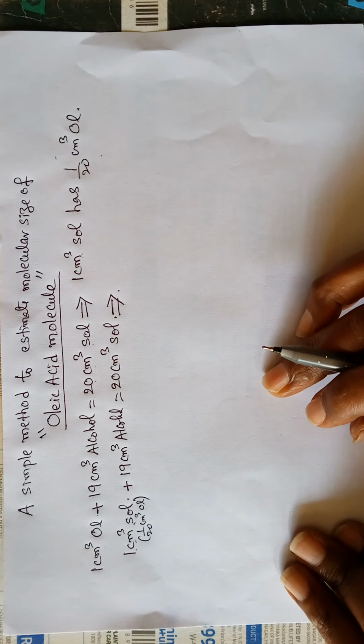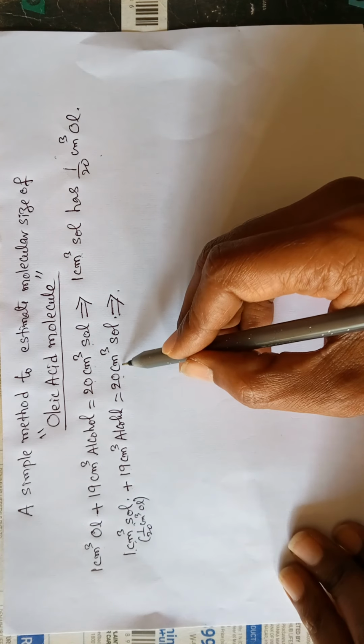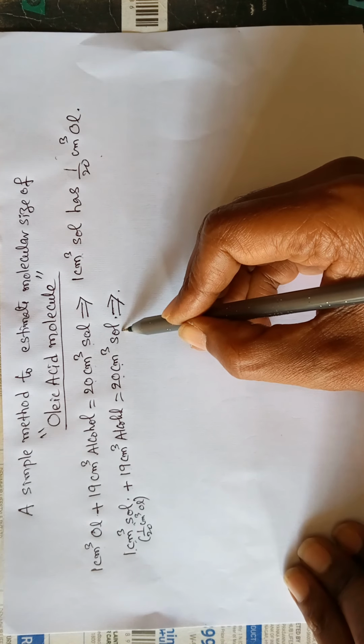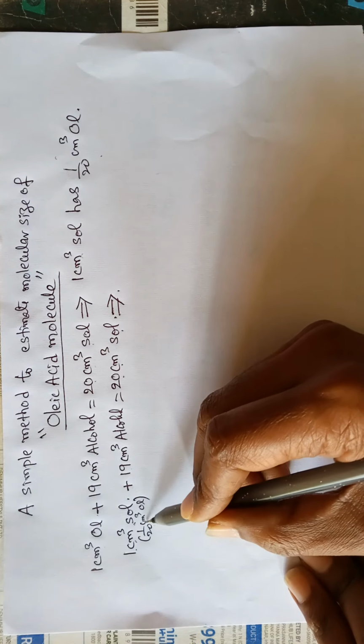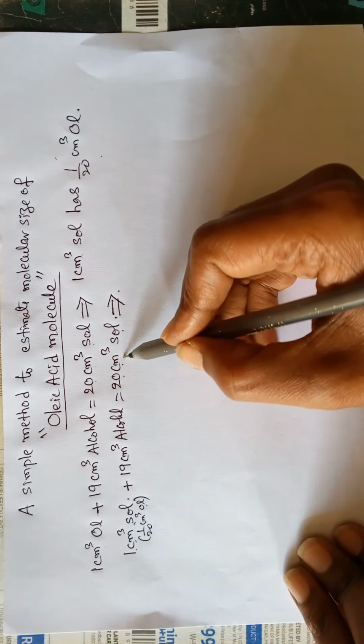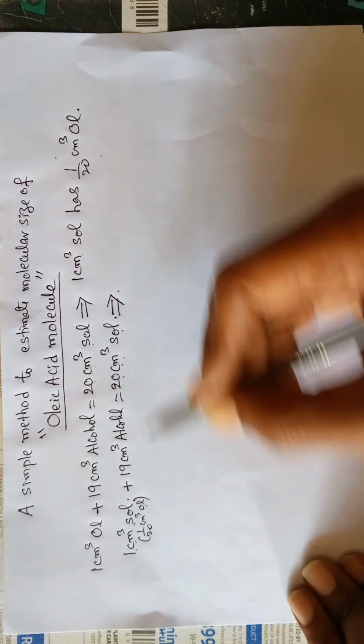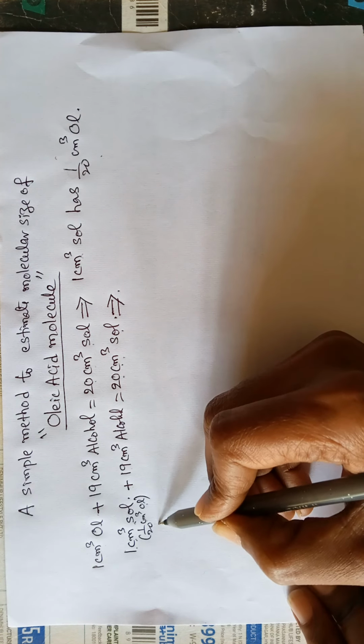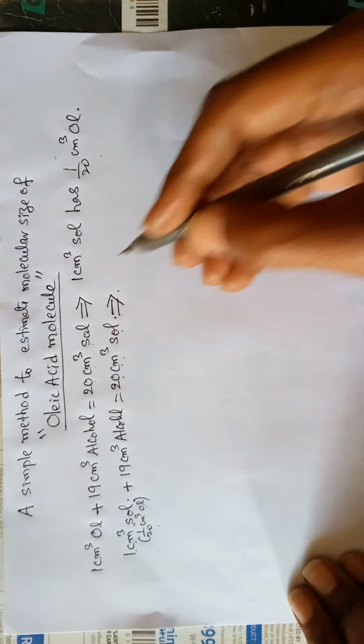Now, in 20 cm cube of solution, 1 by 20 cm cube of oleic acid is there. In 1 cm cube of solution, how much oleic acid will be there? You send this 20 to that side.